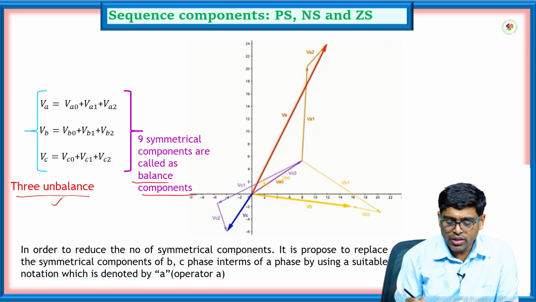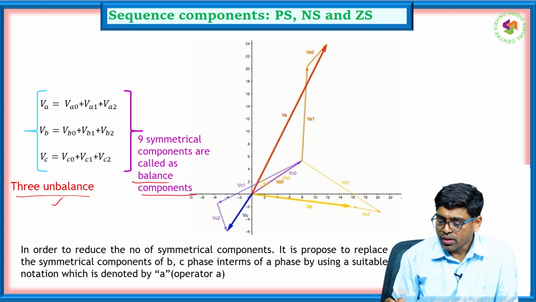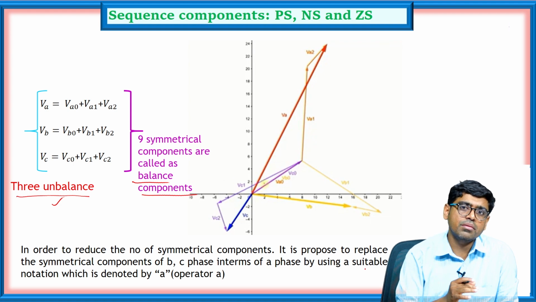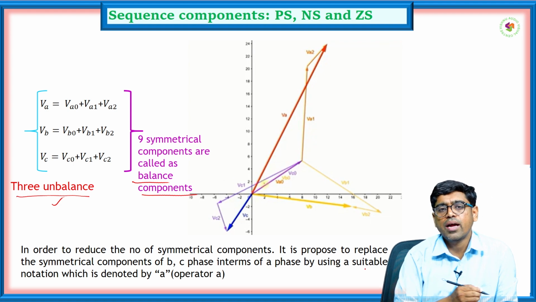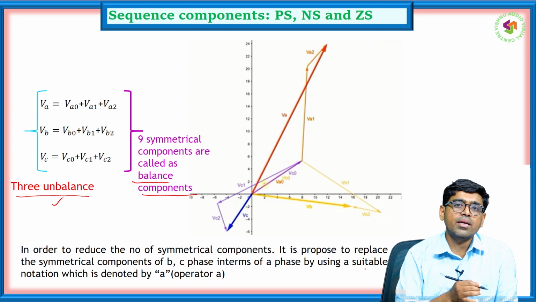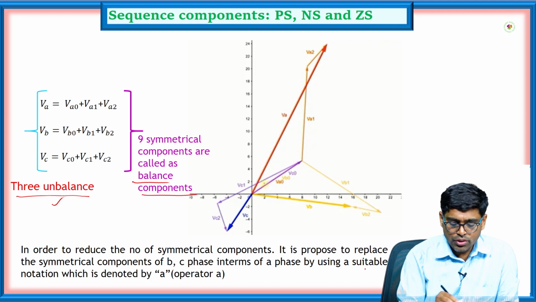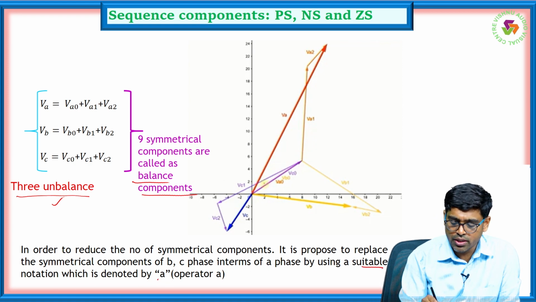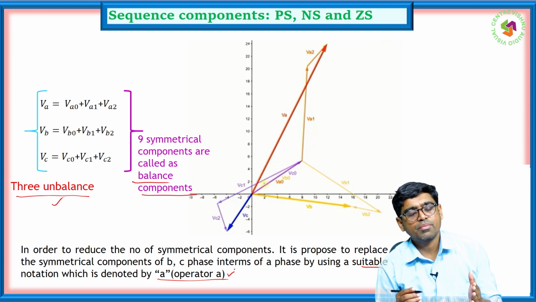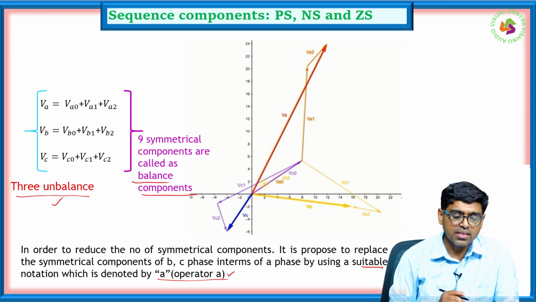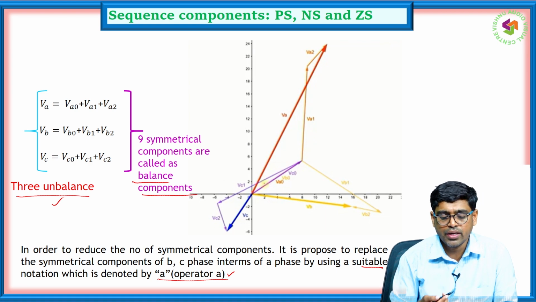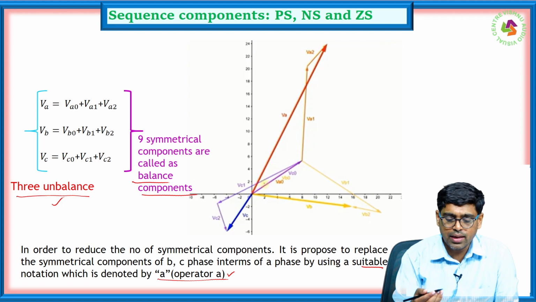In order to reduce the number of symmetrical components, it is proposed to replace these 9 components by a single set: the symmetrical components of the B and C phases are expressed in terms of the A phase by using a suitable notation, denoted by the operator a, or alpha. If we represent B and C with respect to A0, A1, A2, it is very easy to analyze the system.